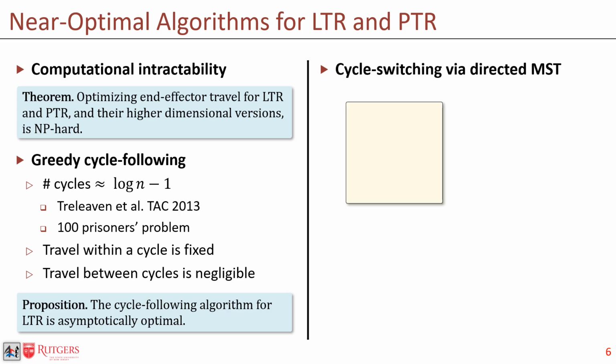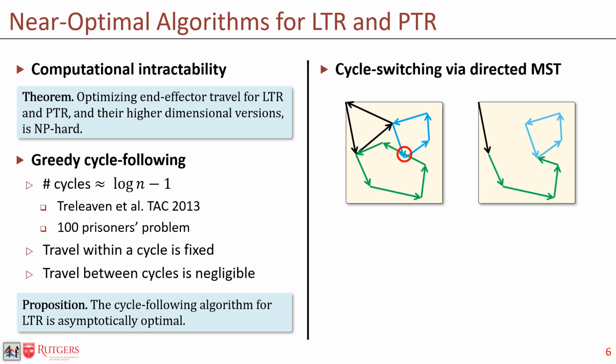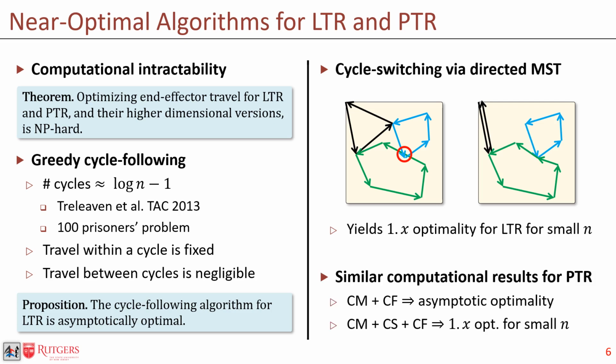For example, we can use cycle switching to shortcut this cycle following solution to reduce the end-effector travel. This leads to improved optimality when the number of items is small. Similar computational results hold for the partial label setting, which we do not elaborate here.